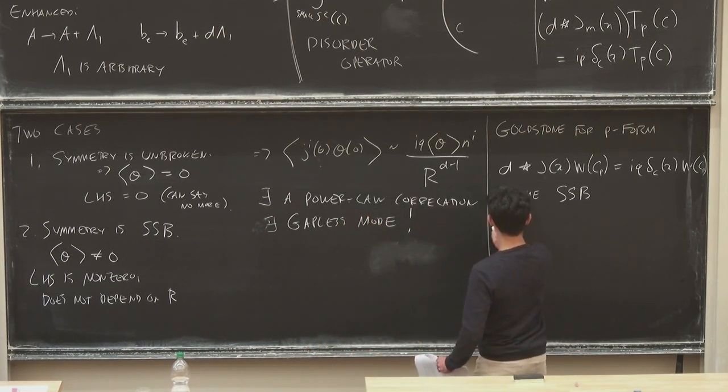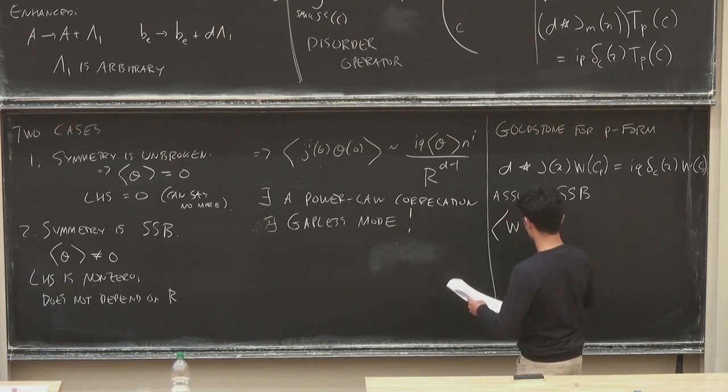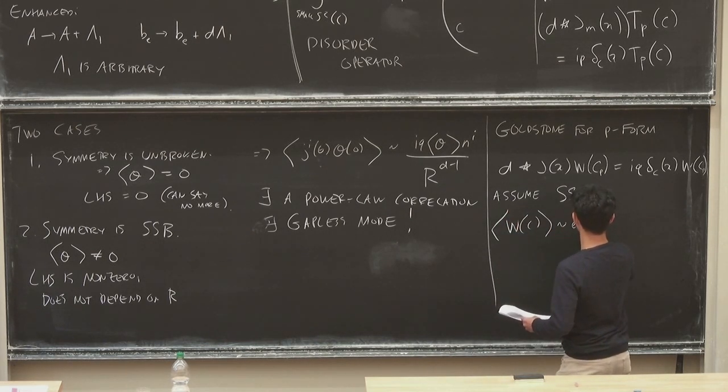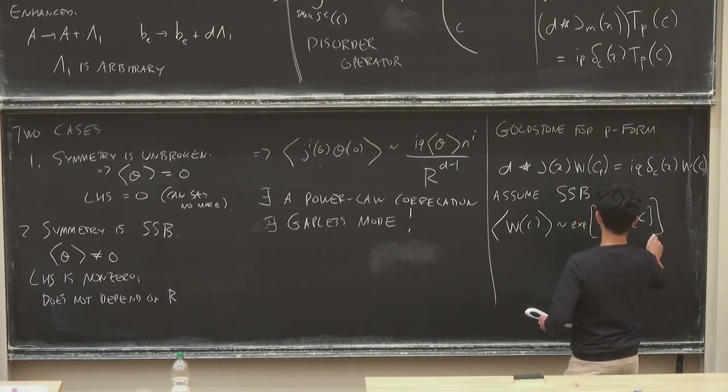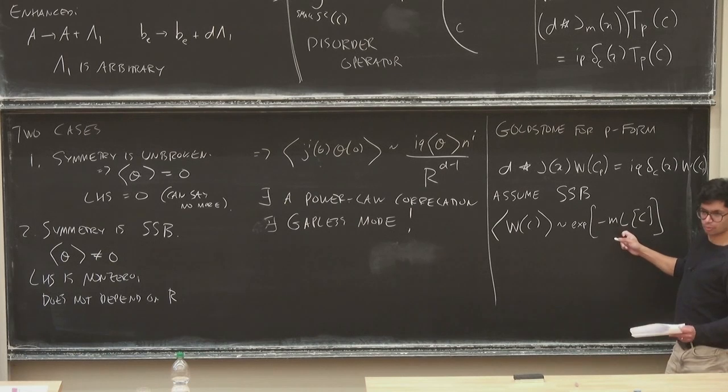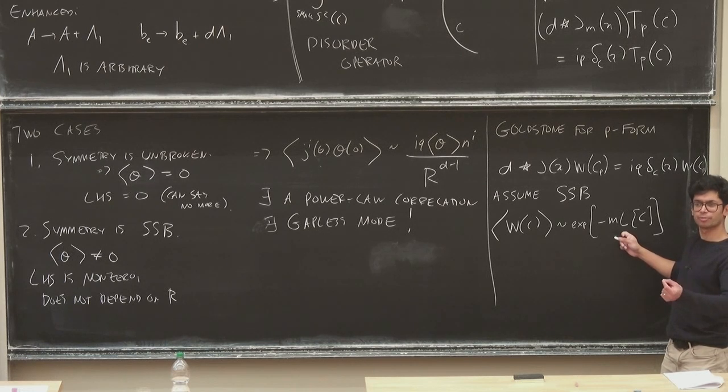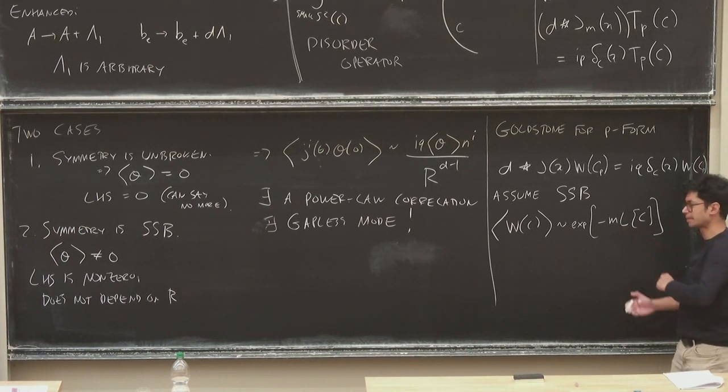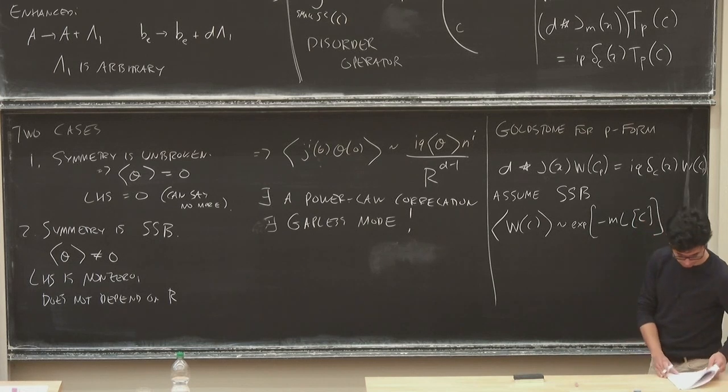Then, by definition, W of C goes like the exponential of minus m times the length of C. When I say length here, it's length for a one-dimensional object, for a one-form symmetry. For a higher form symmetry, it's the local volume of the thing. That's just what L of C means in this context. Everyone's happy with that?